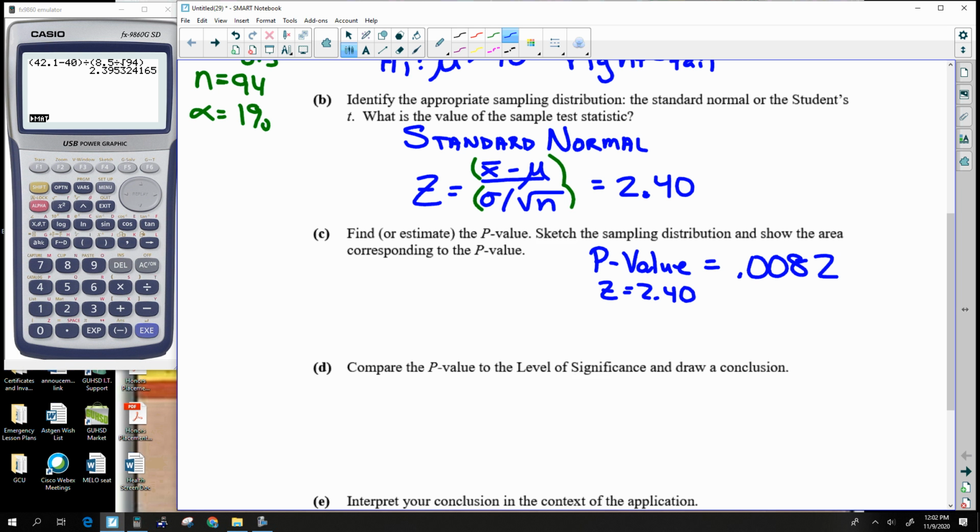We want to do some rejecting. Okay, this is a right tail with an alpha of 1%. The p-value in this case is 0.0082, so the distance from the edge is short.